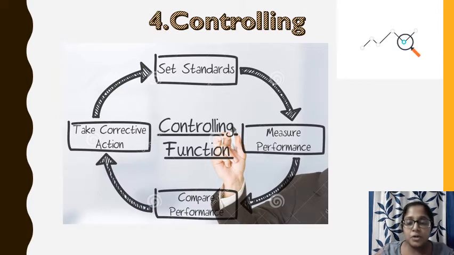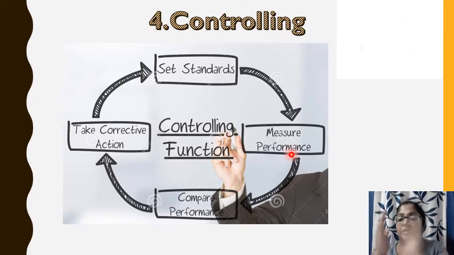Implementation is related to controlling and is basically based on controlling. When you are implementing something, you have set one standard, that is the goal. You are performing, you are measuring your performance, and you are comparing your performance with the standard.